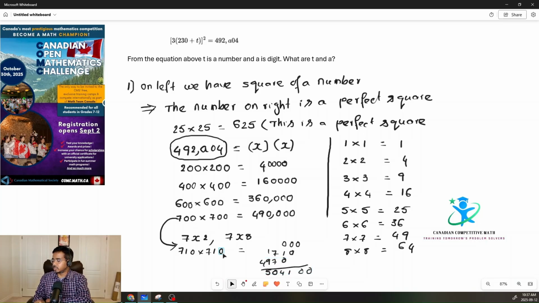So we established the first digit of this number. We established two options for the last digit of this number. And we also know that this number should be less than 710.